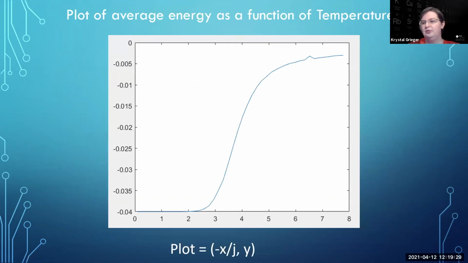And then, just to see how the energy's effect was, the average energy as a function of temperature, when I ran the whole command, and then typed this command plot equals -xj comma y, we can see how the energy of these microstates is impacted as the temperature increases.